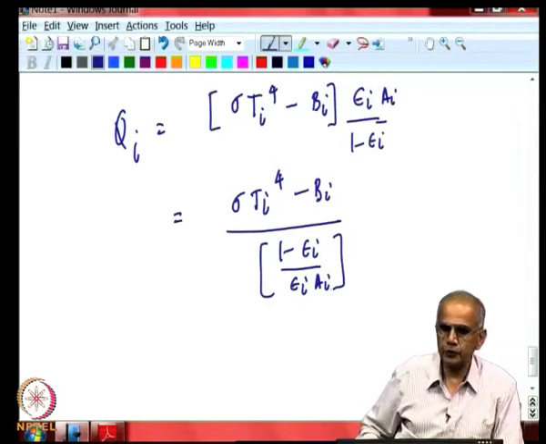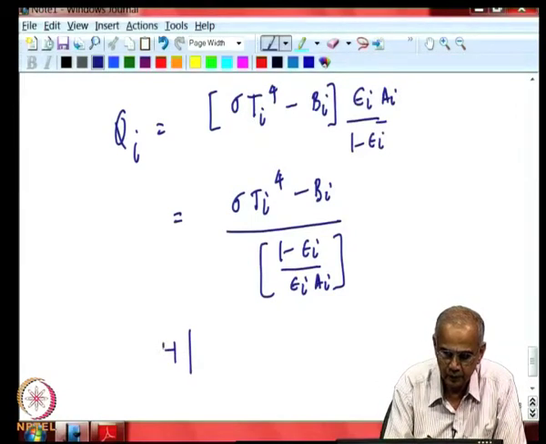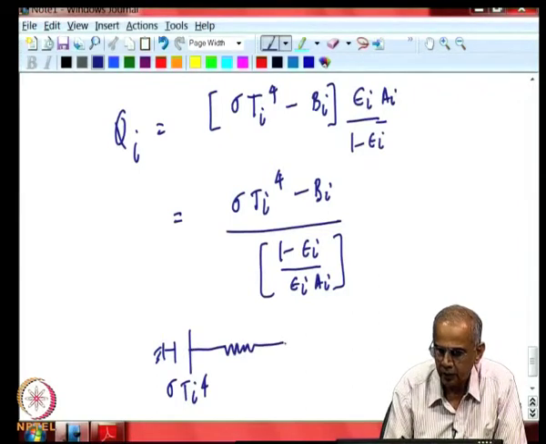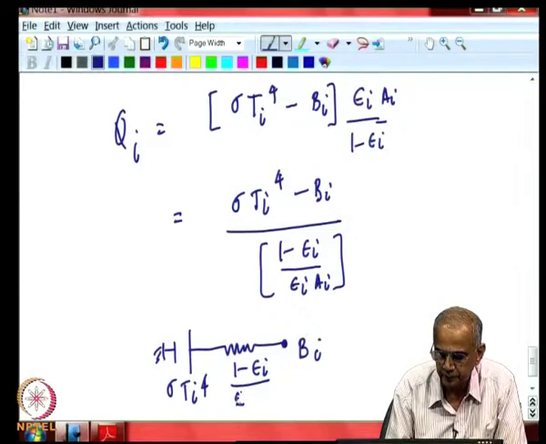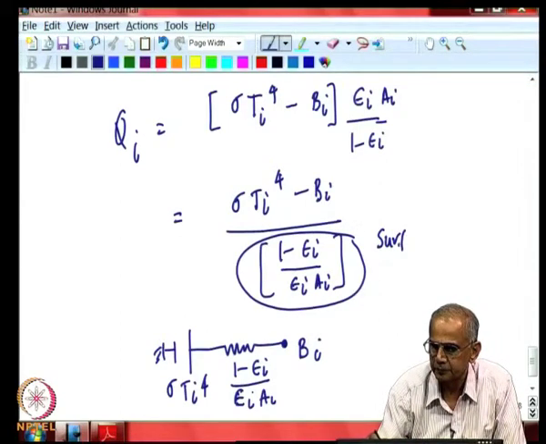Why is this so useful? This is so useful because what it says is, if you take a surface with a certain potential, there is a resistance between that and the radiosity point B_i, and that is due to the surface not being a black surface, and hence this quantity is called the surface resistance.